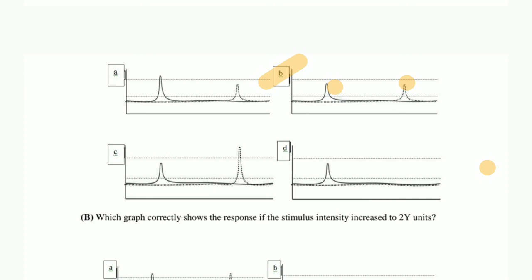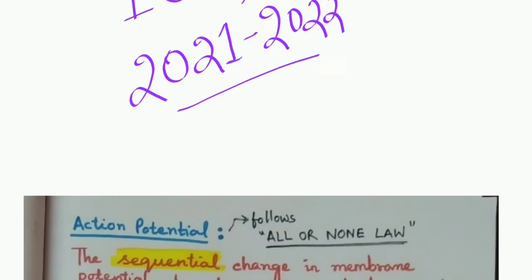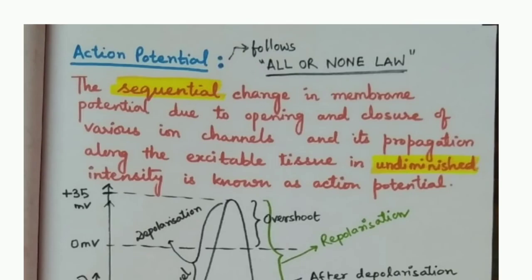No. Why? Because action potential follows a very important principle, which is the all or none law. What is this all or none law? This all or none law states that applying any stimulus above the threshold stimulus is not going to alter the amplitude of the action potential.